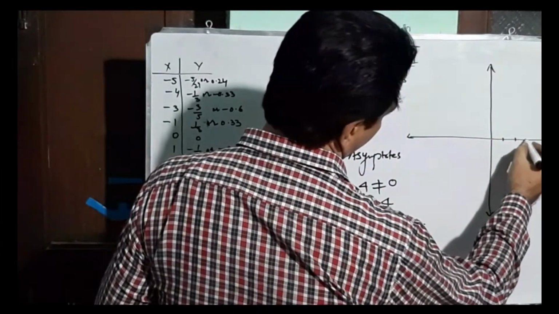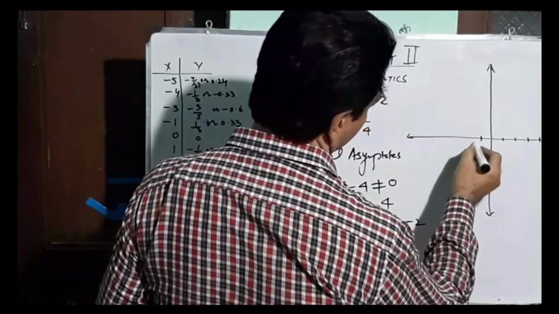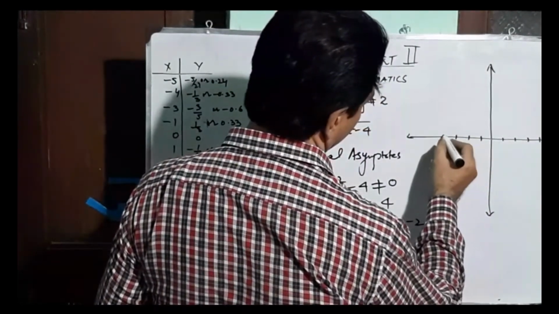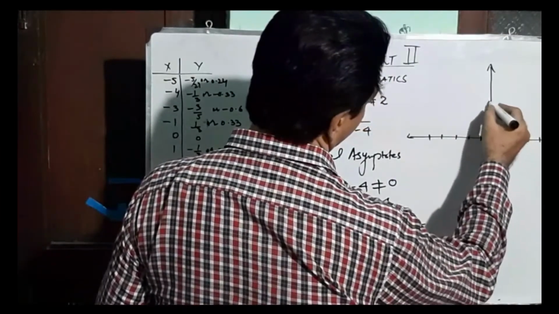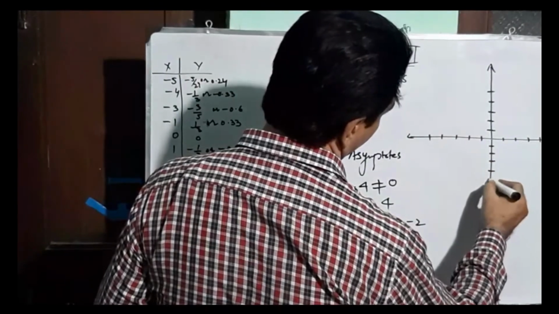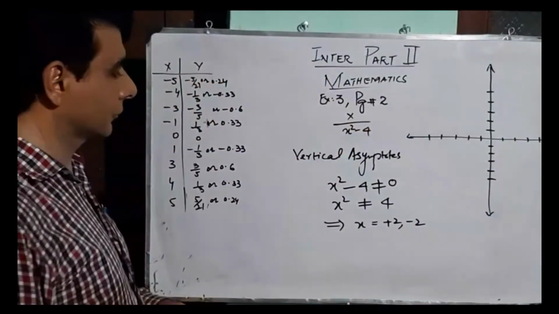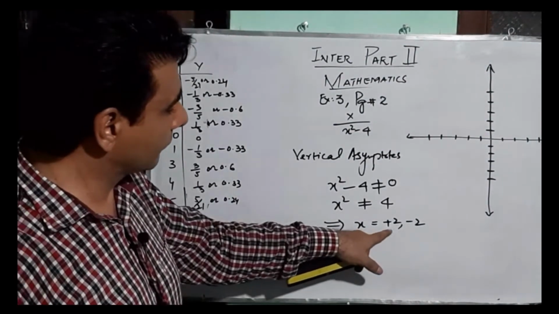So vertical asymptote values are +2 and -2.